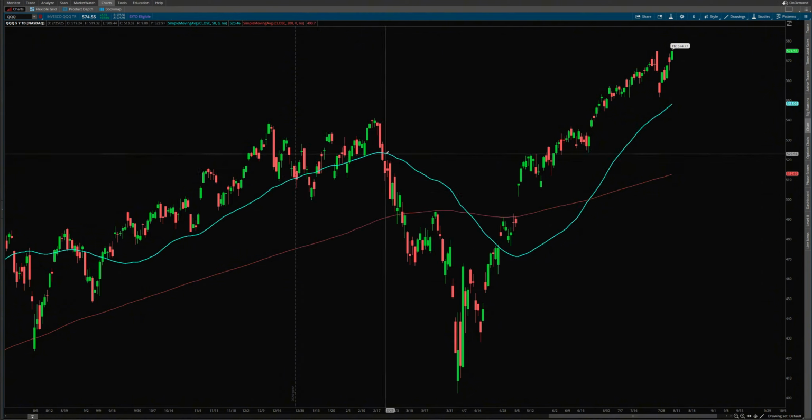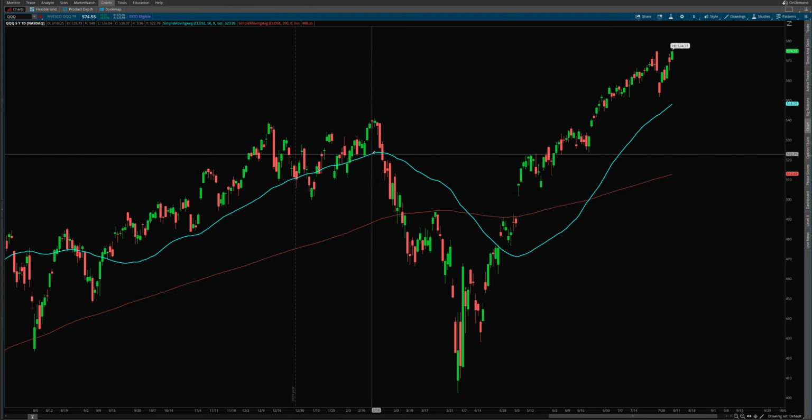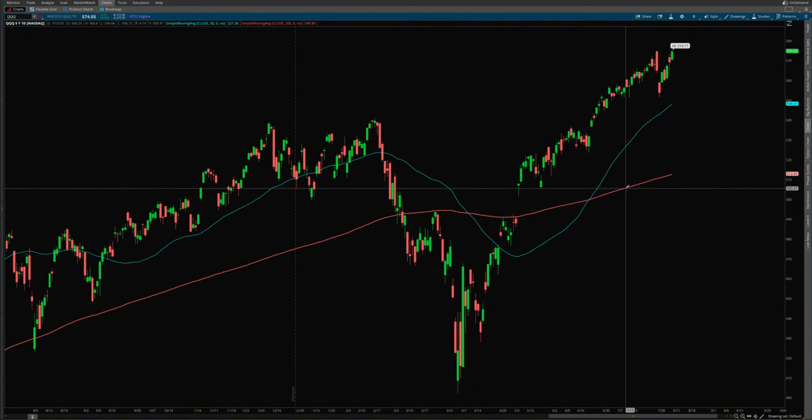So this quicker, more volatile moving average is the 50. This slower is what we call the 200. Each of these is taking the average price of the last X amount of periods. So this is taking the average candle price for the last 50 periods, and this is taking it for 200.